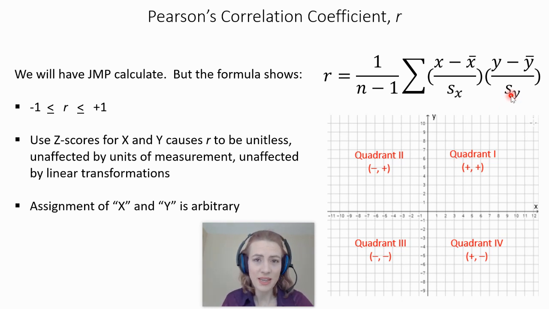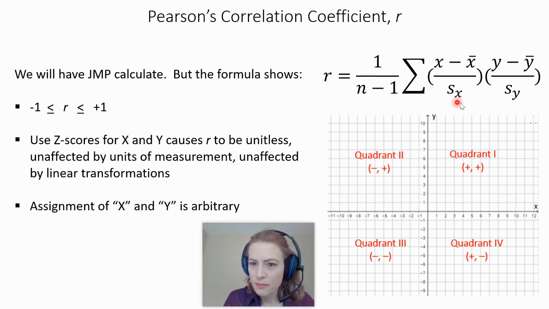So you have a positive times a negative or a negative times a positive, and as a result, your correlation coefficient will be negative. So this is how we can, using a formula, pick up on a trend that may be immediately obvious by eye, whether the line is going up or the line is going down. This formula doesn't have eyes, but it can still accomplish the same thing.